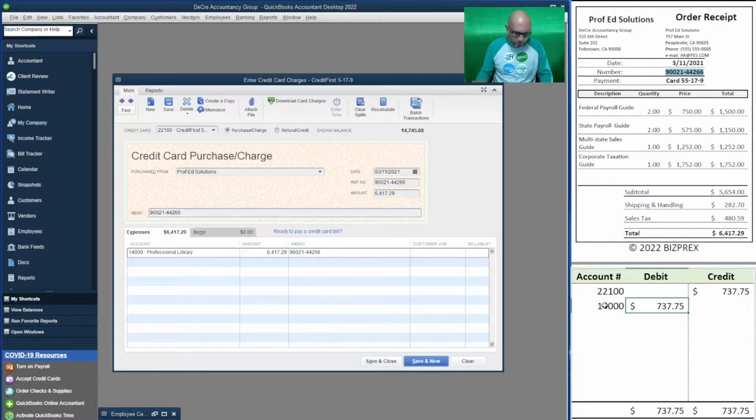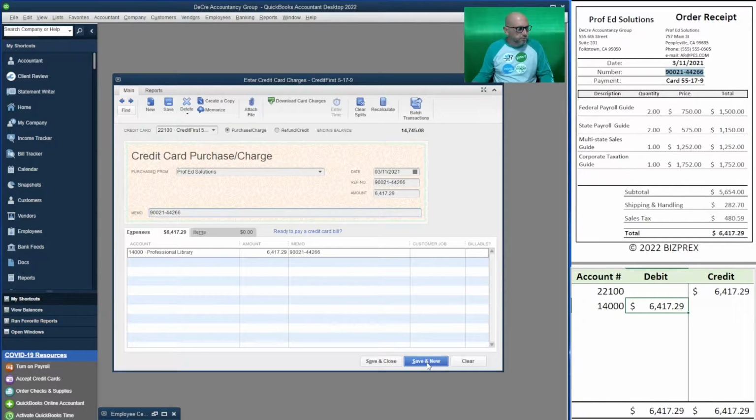Assets go up. Professional library is an asset. Therefore, it is debited to go up. And then 22,100 is a liability. Liabilities go up when credited. Assets go up when debited. Two things happen. We purchased some guides for our professional library. Therefore, our asset professional library went up. And we funded it with the credit card. Therefore, our debt, our liability, went up as well.